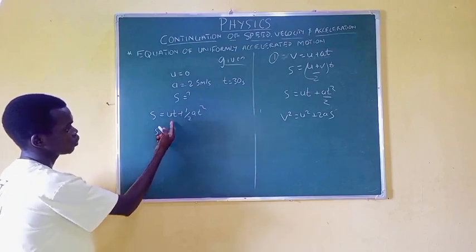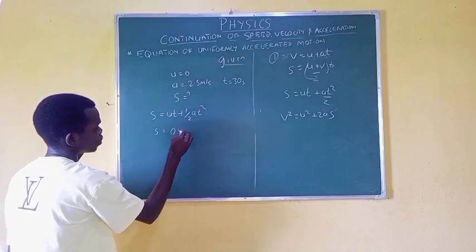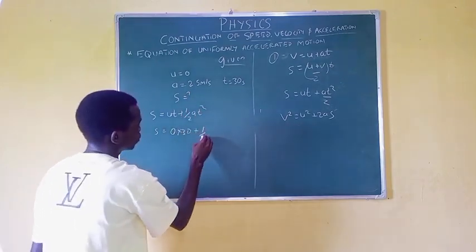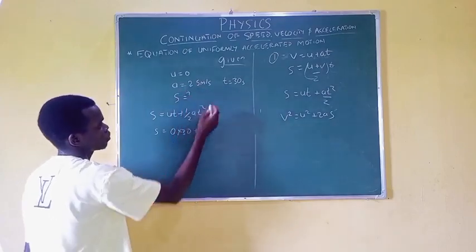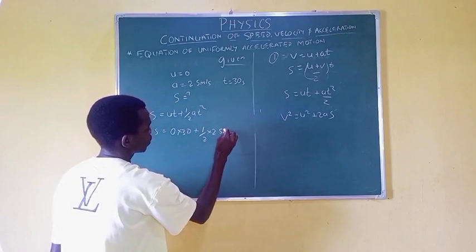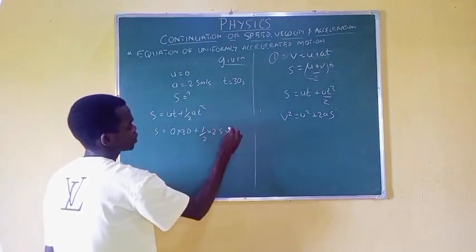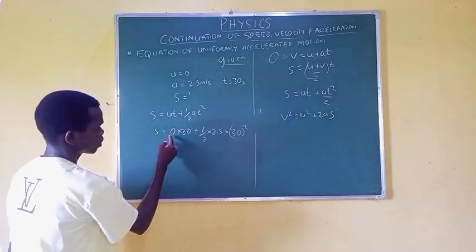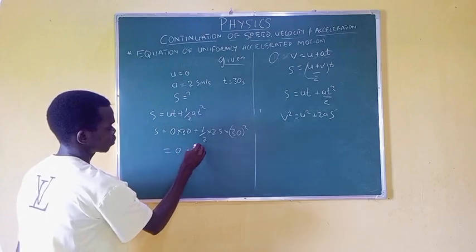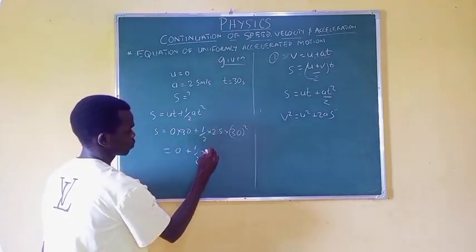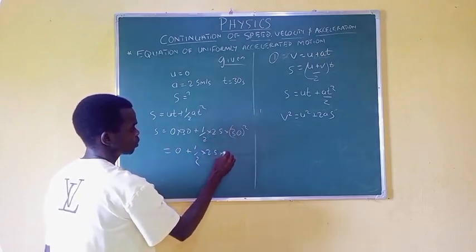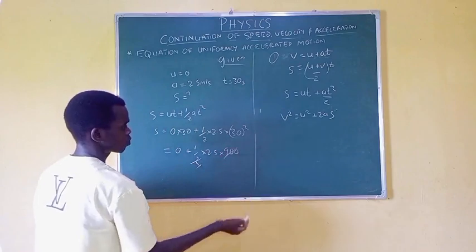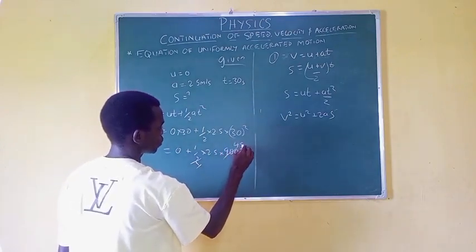From here now, we can say that S is equal to U, which is given as 0, times the time 30, plus 1 all over 2 times acceleration, which is 2.5, times the time, which is 30, squared. So 0 times 30 becomes 0, plus 1 all over 2 times 2.5, and 30 squared will now be 900. 2 into 900, we have 450.